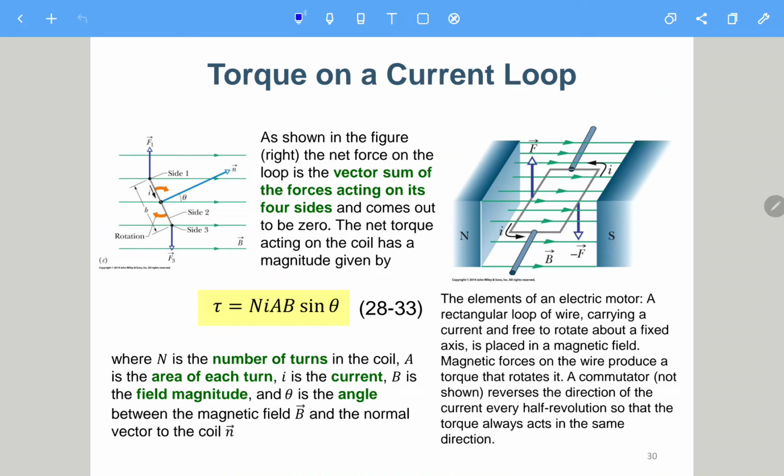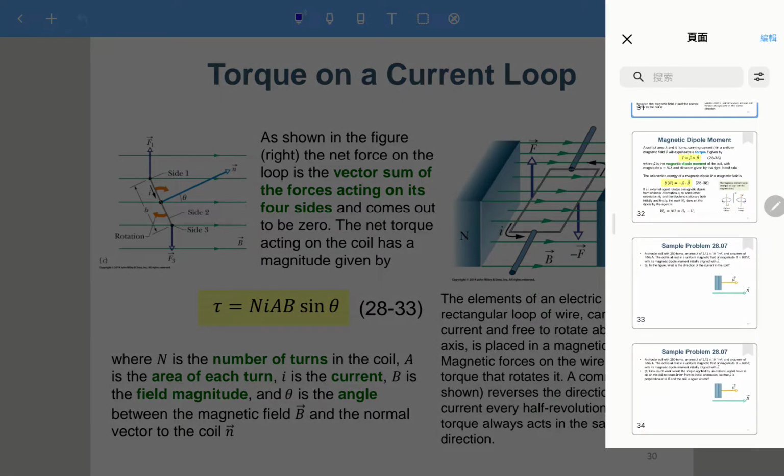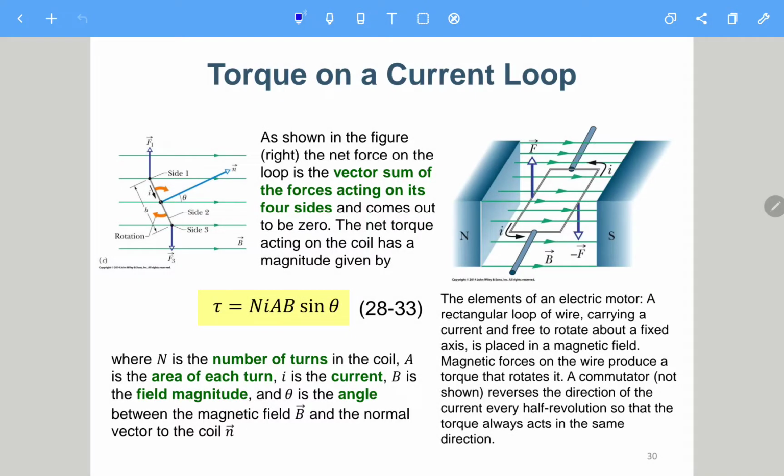Okay, so here we talk about the torque on a current loop. Suppose we have a current loop like this. The current is going counterclockwise, and this is an axis, so that this current loop can rotate along this axis.